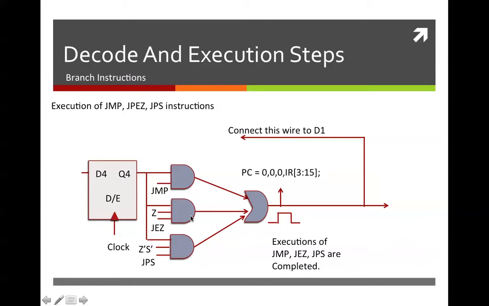Any one of these conditions will actually trigger a change in the program counter. That's what a jump means. And so we load the program counter with the address that is held in the instruction, of course with padded zeros on the left. So that completes the execution of those 3 instructions.